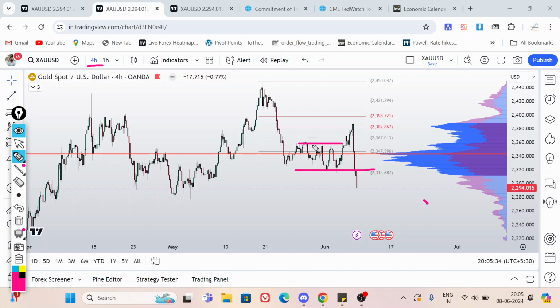But on Wednesday price made a good bullish run, and on Fibonacci the price got rejected from the 50% level, that is at 2382 roughly.